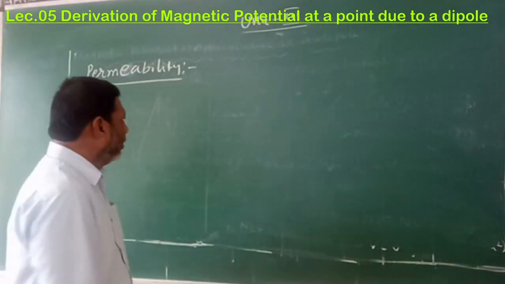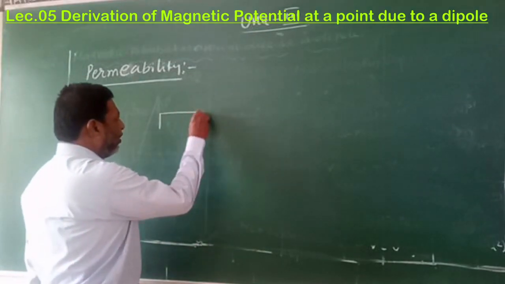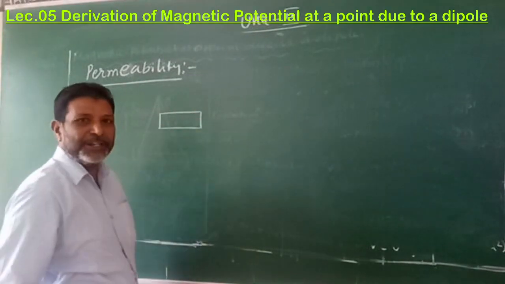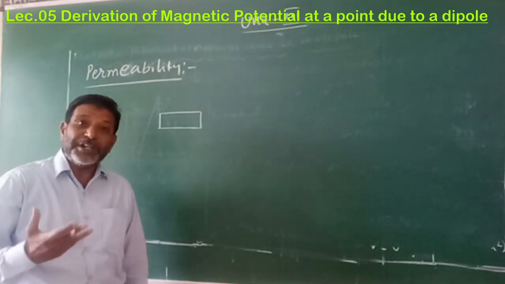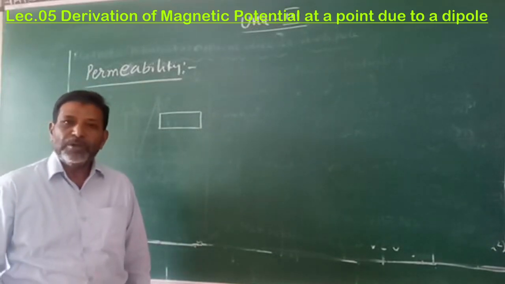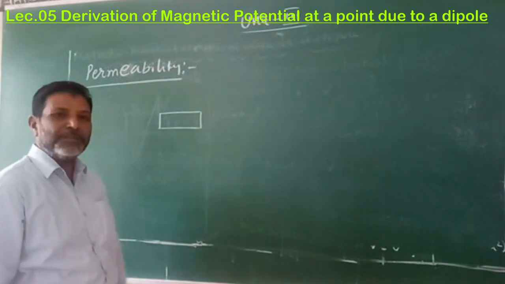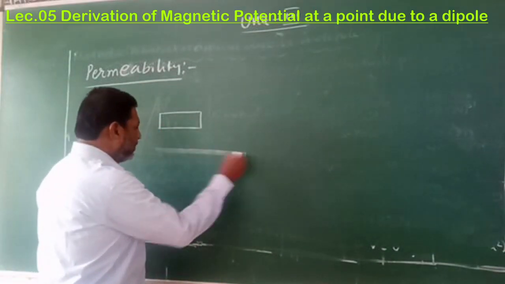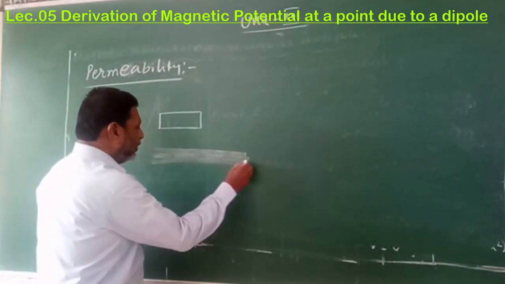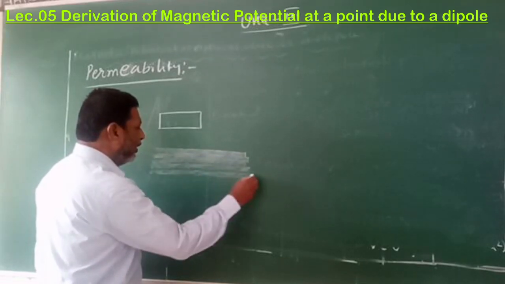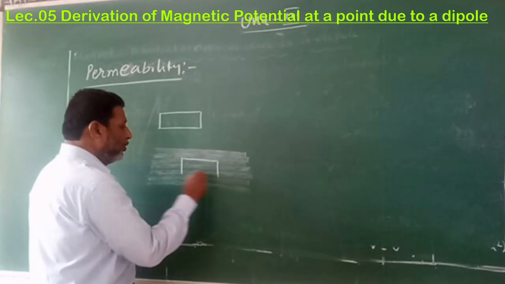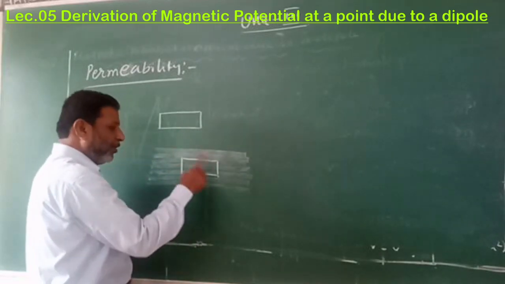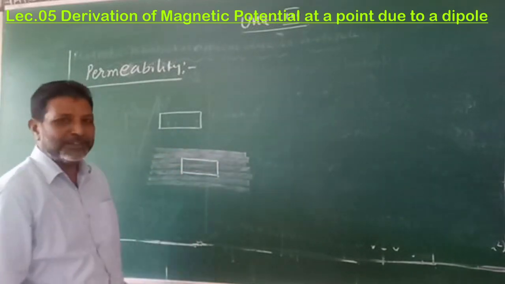Let us consider this is a piece of iron. It is not a magnet, but you can convert it into a magnet. How? You take this iron piece and place it in this magnetic field. Now, it will become a magnet.